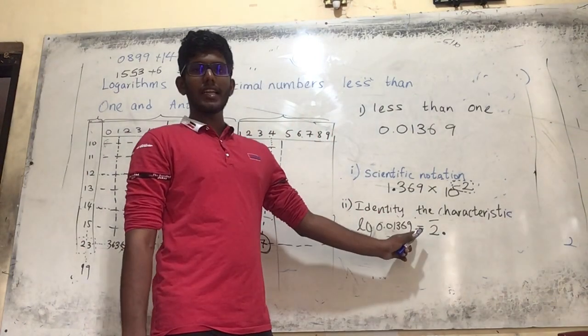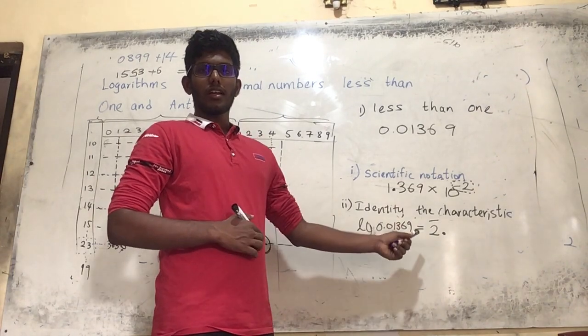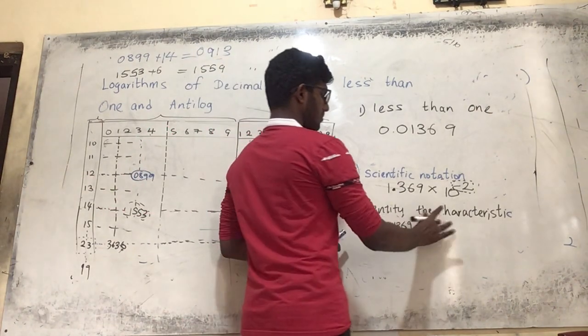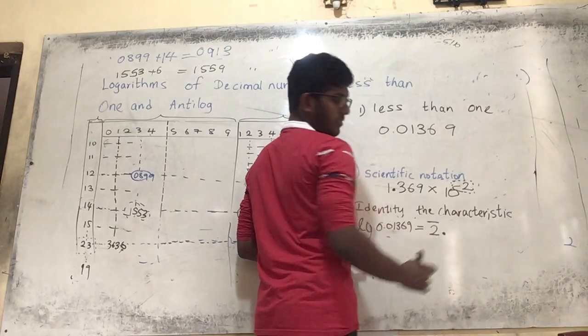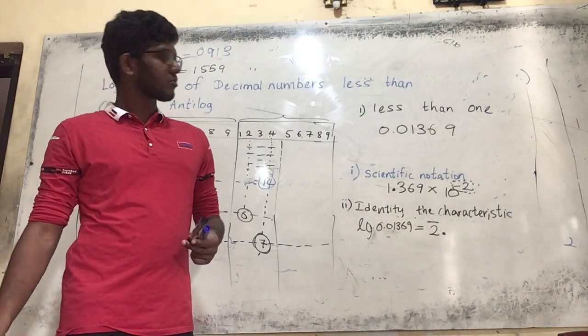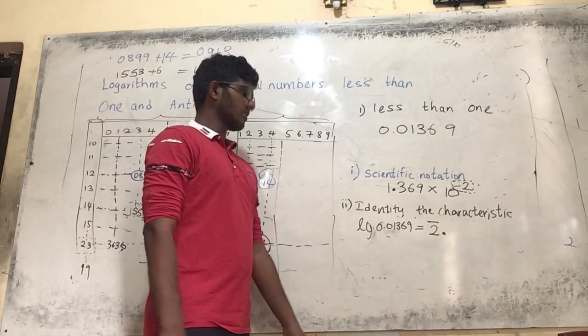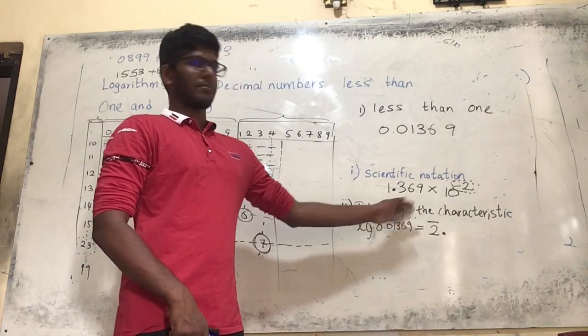You don't write minus 2, you write bar 2. Right? You have a line above the 2. Right? Line above 2. That is it. Rest of the things, the method is the same.